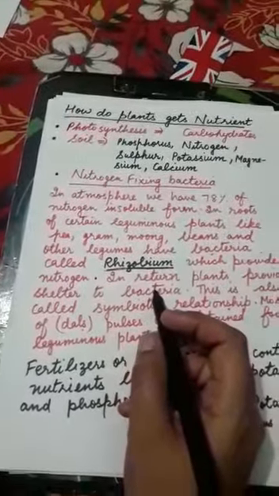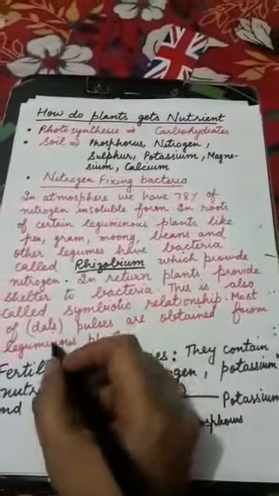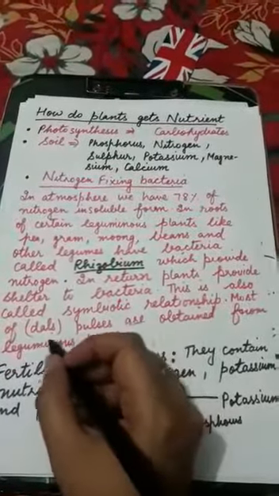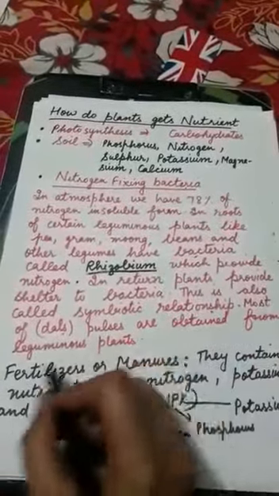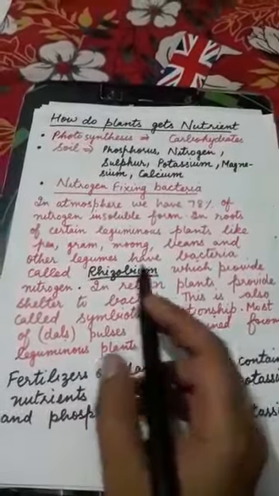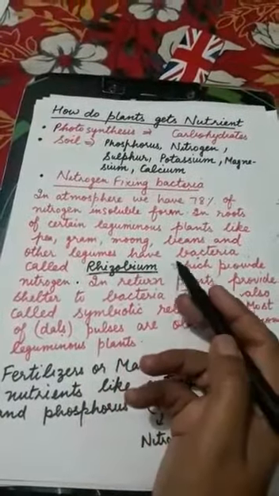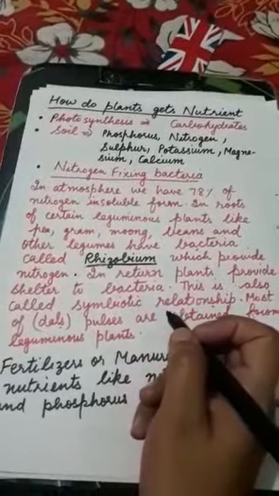This is also an example of symbiotic relationship. Now most of the dals or pulses are obtained from the leguminous plants. So in this way, nitrogen fixing bacteria also help the plants to get certain nutrients like nitrogen.